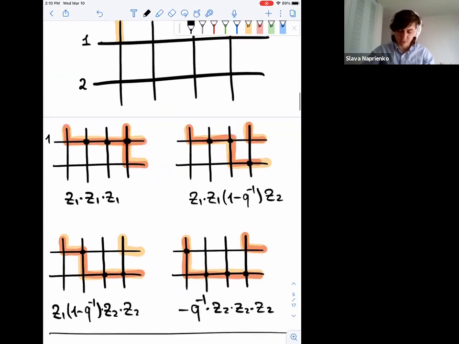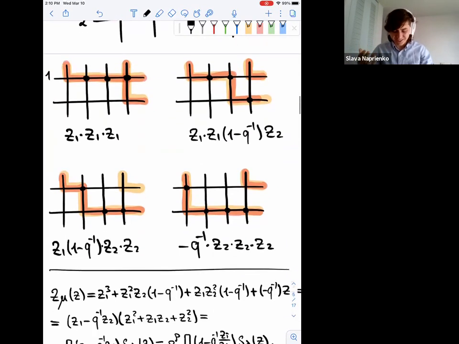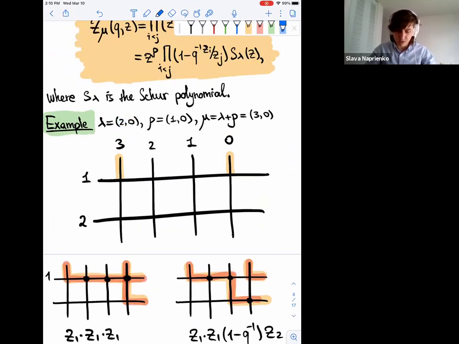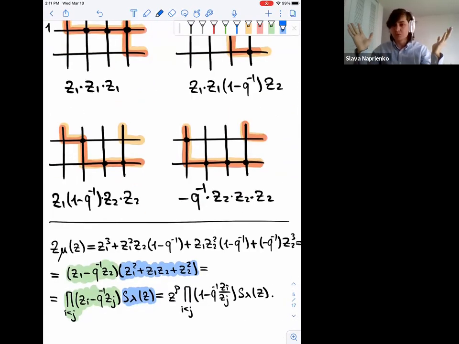So again, I'm going to get z_1, z_1, z_1, etc. And the magic happens that if I add all these things, unexpectedly, it factors out, and we have this product of, let me use 2 colors, the deformed Weyl denominator, and the Schur polynomial, which is exactly the Schur polynomial for lambda. Lambda for us is 2, 0. This is exactly the Schur polynomial. So, things just worked out. I just wanted to show the example to show that it's actually very tangible.